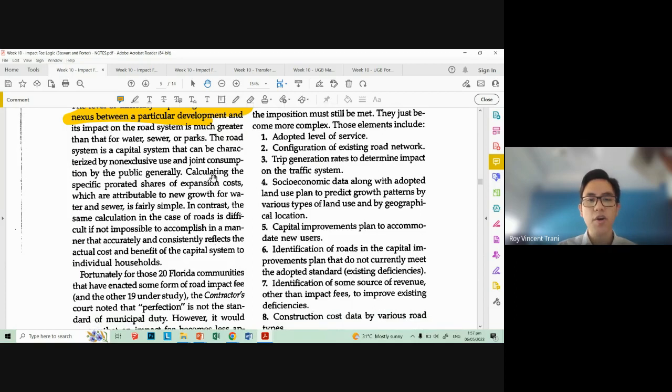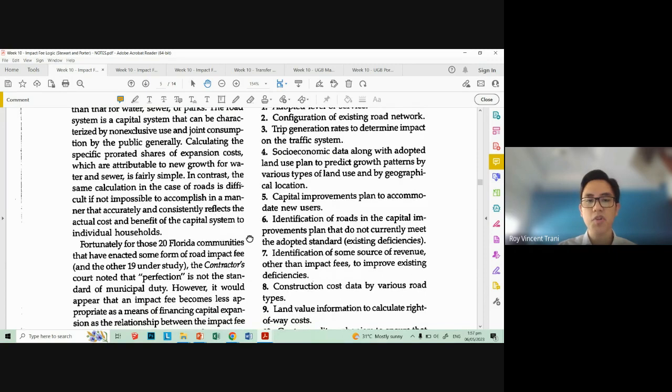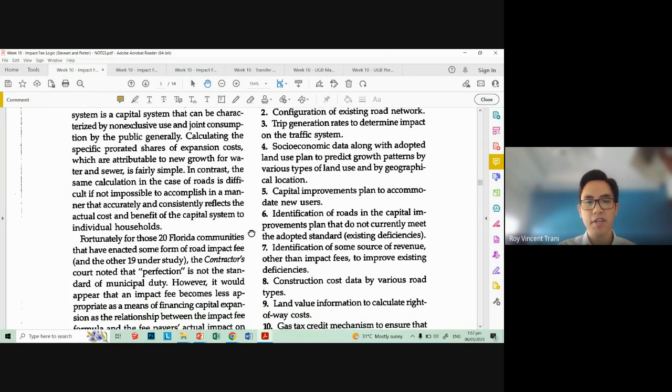So going further, calculating the specific prorated shares of expansion costs, which is like an accounting term, the benefits attributed to new growth, for water and sewer is fairly simple. In contrast, the same calculation in the case of roads is difficult, if not impossible, to accomplish in a manner that accurately and consistently reflects the actual cost and benefit of the capital system to individual households.